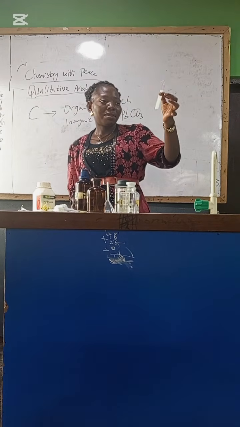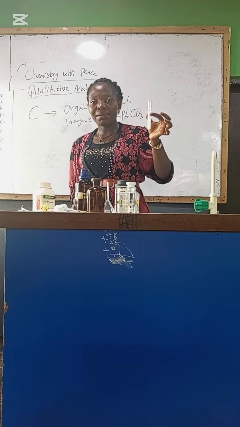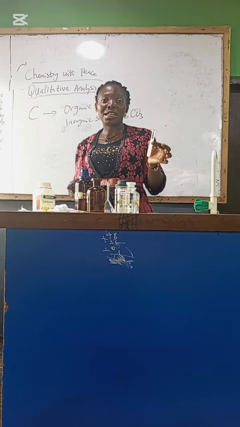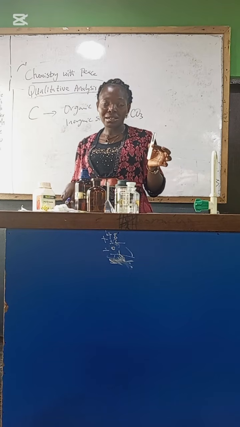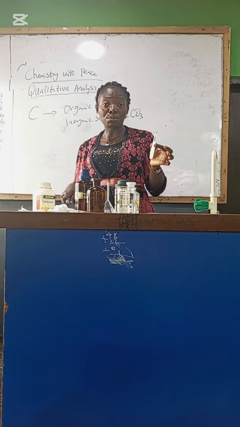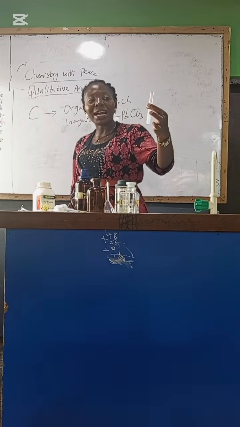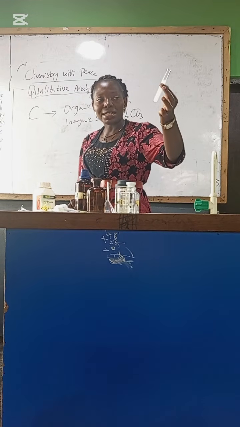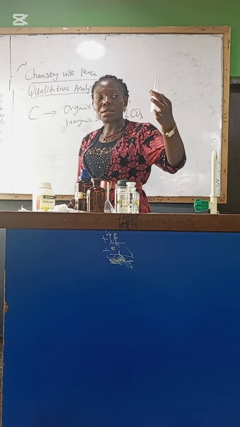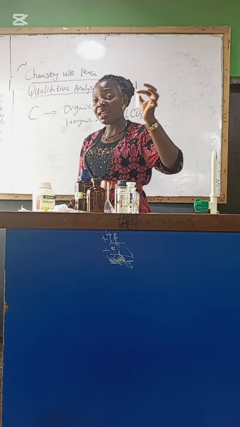When it's added, effervescence occurs, and as effervescence occurs, the lead(II) trioxocarbonate(IV) will dissolve, it will become soluble, then the starch will be insoluble. Looking at this now, the lead carbonate has dissolved, but the insoluble one here is the starch.